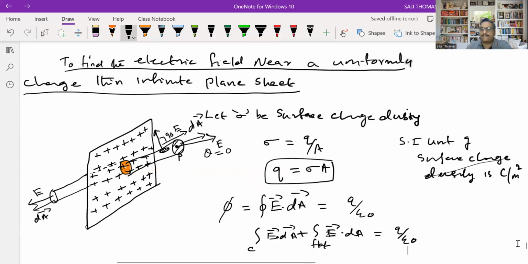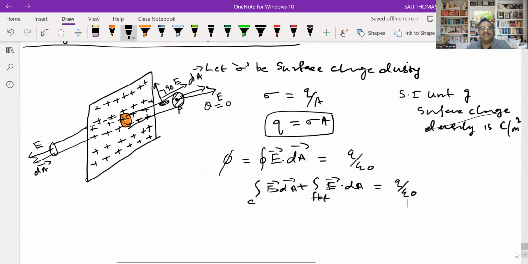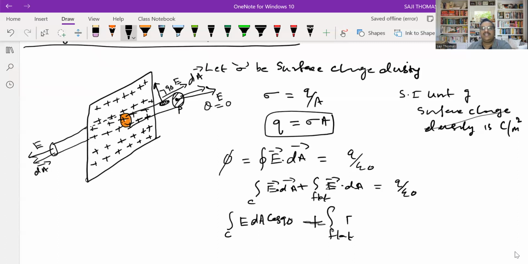Then, you know, A dot B is AB cos theta. So we can simplify as integral over the curved surface of E dA cos 90, since over the curved surface the angle between E and dA is 90 degrees, plus integral over the flat surfaces of E dA cos 0, since the angle between E and dA is 0, equals q by epsilon 0.